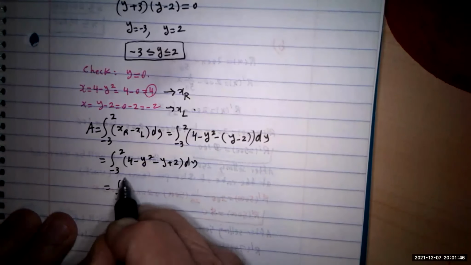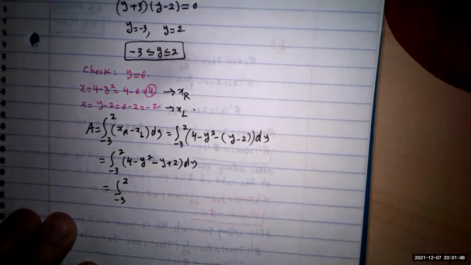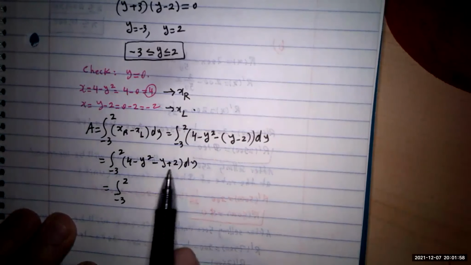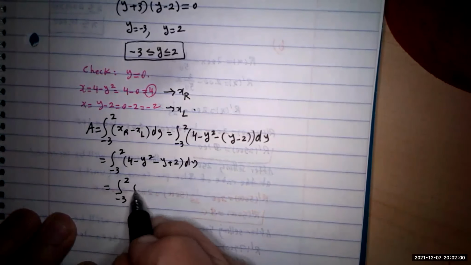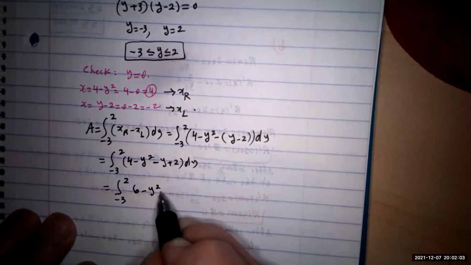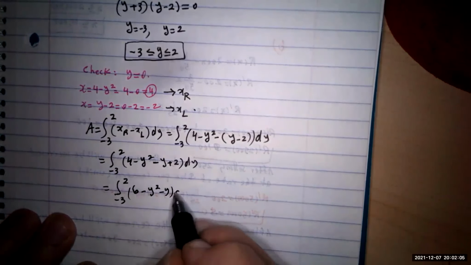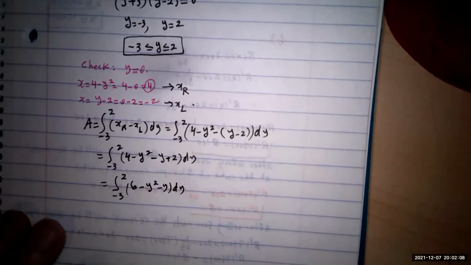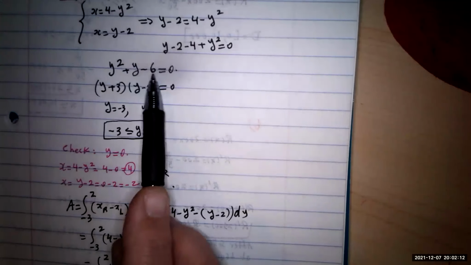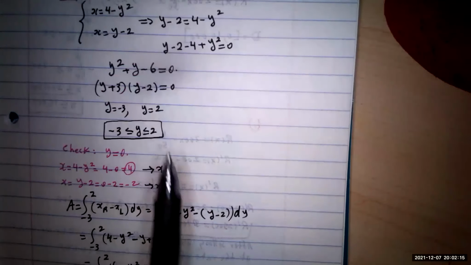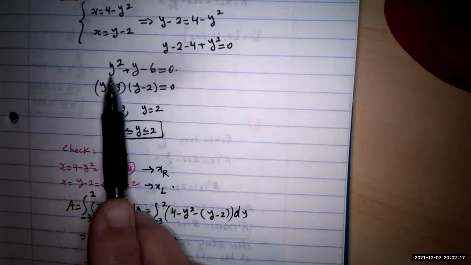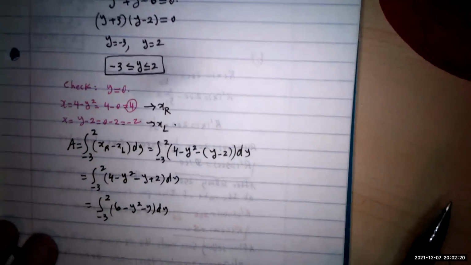Simplify those numbers: 4 and 2 would be 6. It's 6 minus y squared minus y, all dy. So you must get this one, or the negative of this one. In this case, you get negative y squared, negative y plus 6.